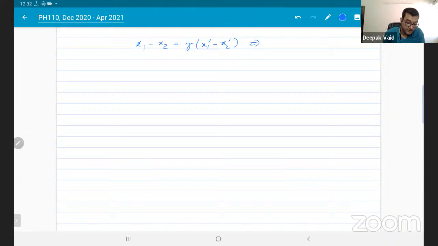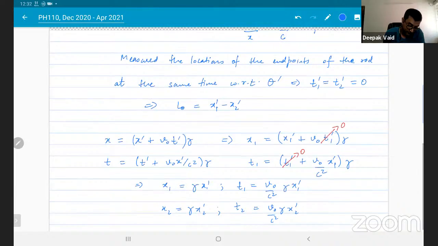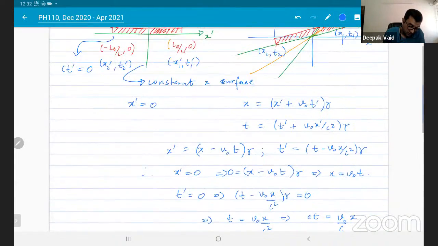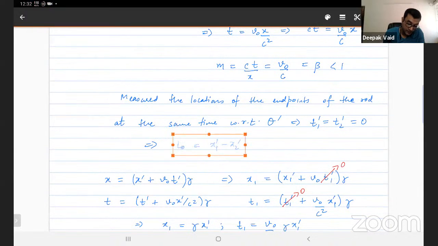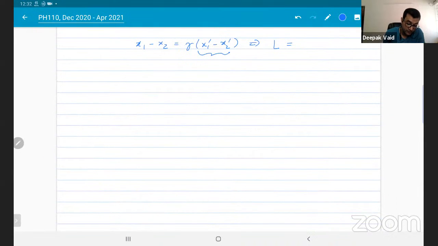Which means that the length of the rod as measured by O is equal to, so what is this x1 prime minus x2 prime? It is the proper length of the rod. So this becomes gamma times L naught.